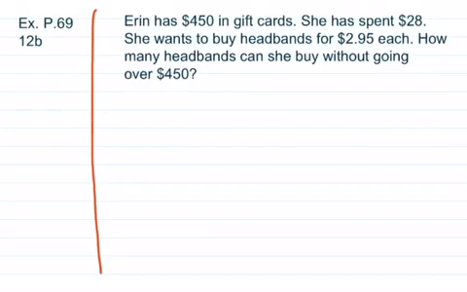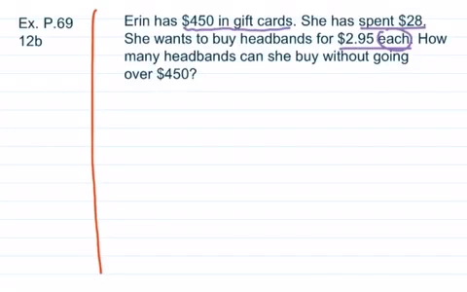Now we're going to read it again, but this time we're going to underline our important information. Erin has $450 in gift cards. I would say that's pretty important. She spent $28. Okay, so she no longer has that $28. She wants to buy headbands for $2.95 each.